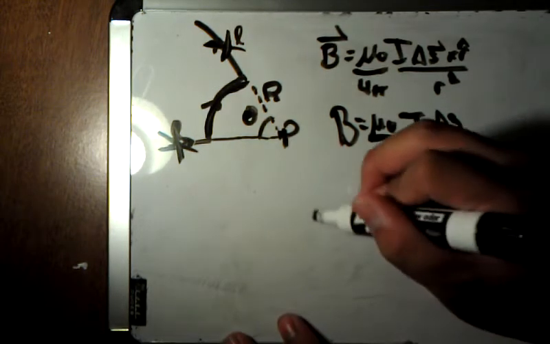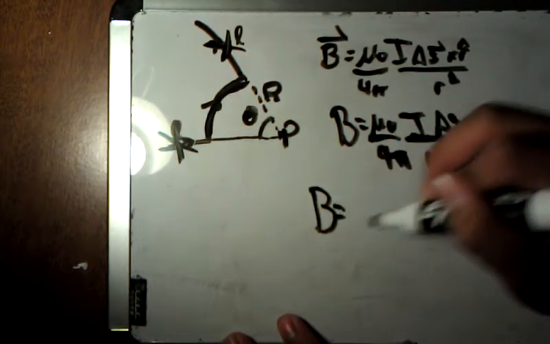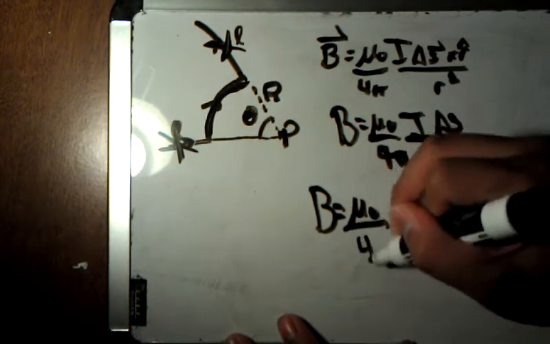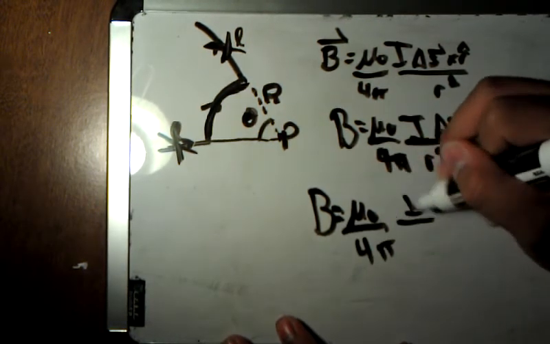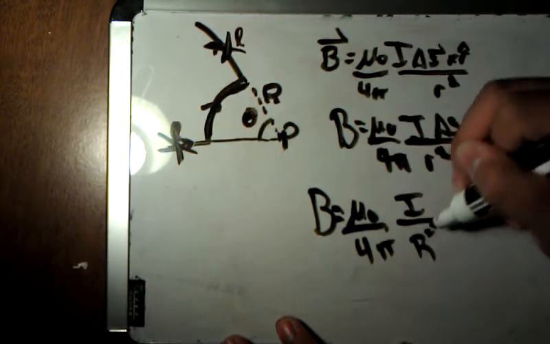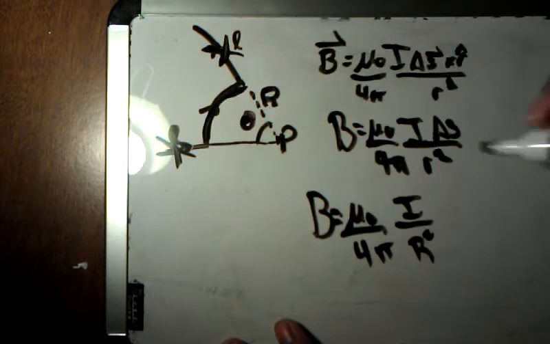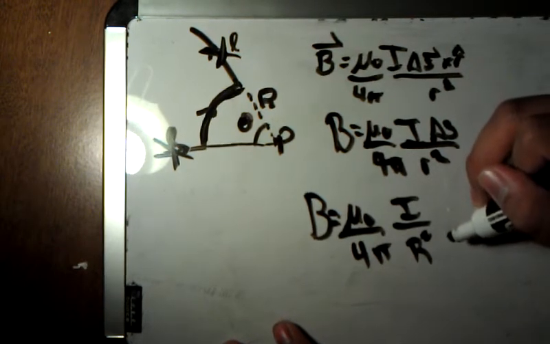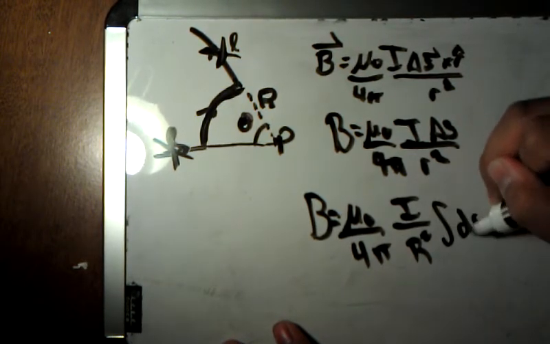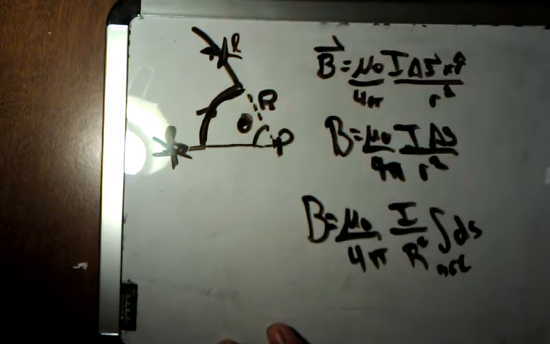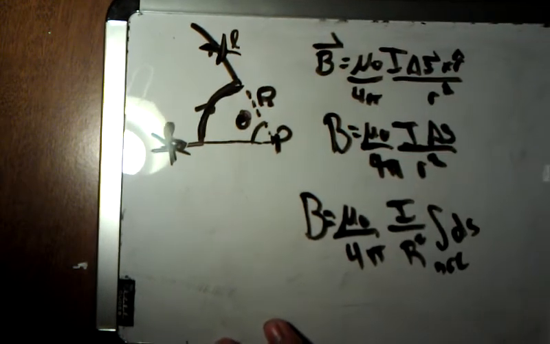So what we get now is B equals mu naught over 4 pi times I over big R squared, which is basically the same thing as the radius from P, times the integral of ds of the arc. The reason we're doing the integral of ds is because that's arc length.